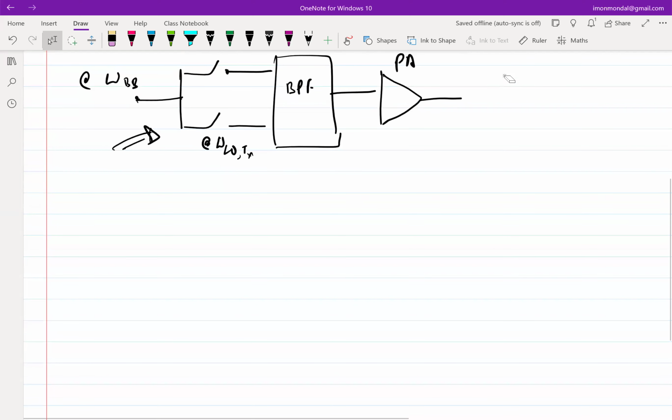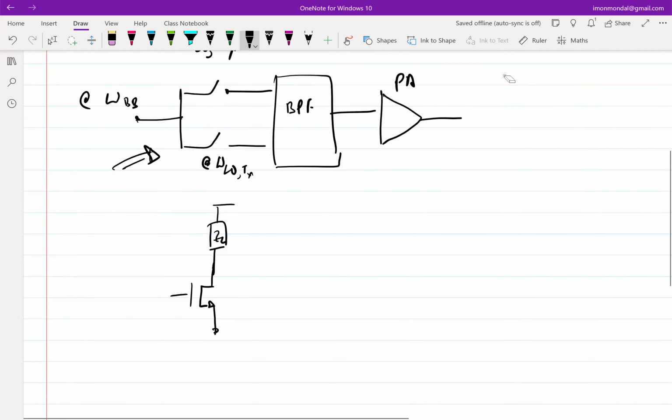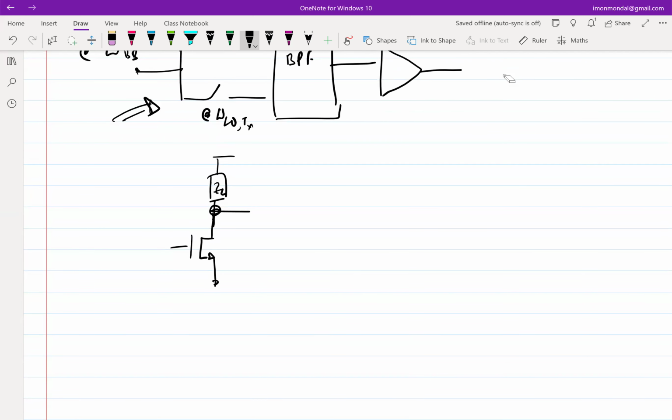Let's say I have a common source amplifier. You can put any sort of load, resistive load, inductive load, doesn't matter, some ZL. And I am putting an input here, which has a resistance associated with it.